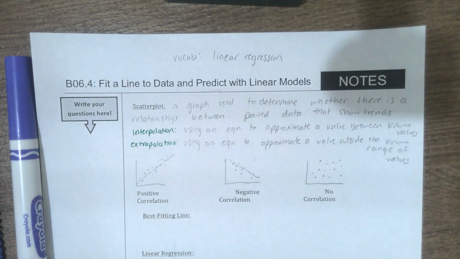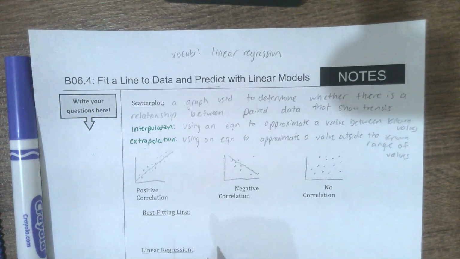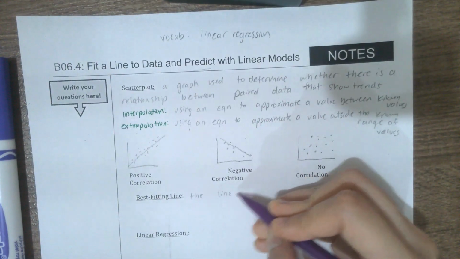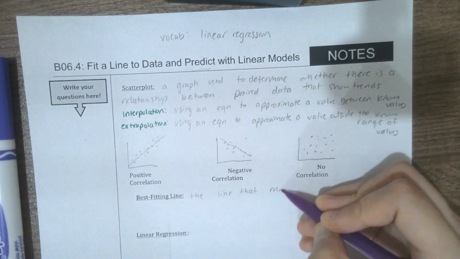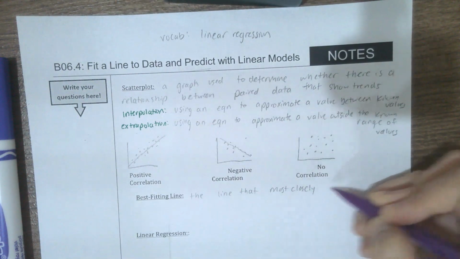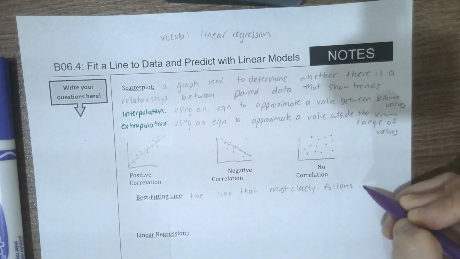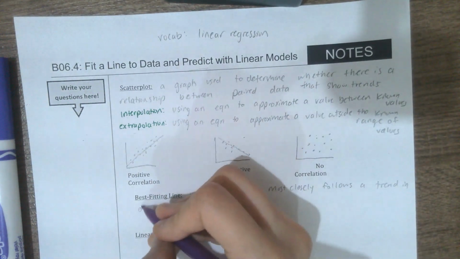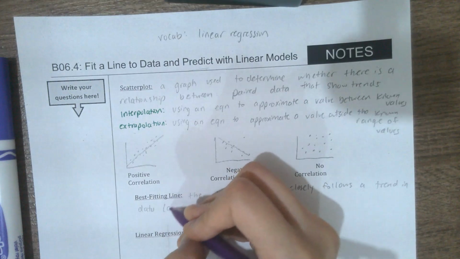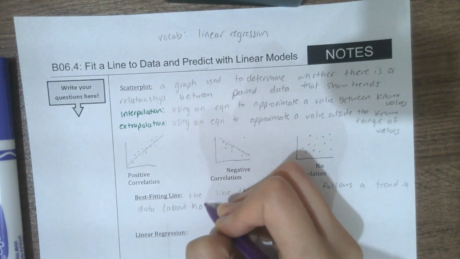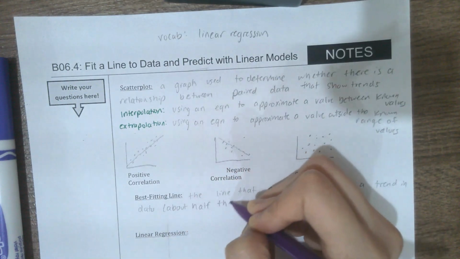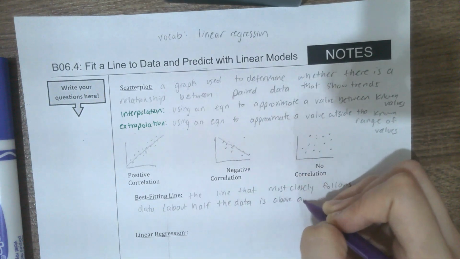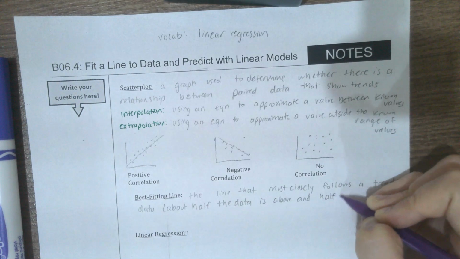No correlation. All right, best fitting line: the line that most closely follows a trend in data. About half the data is above and half is below.